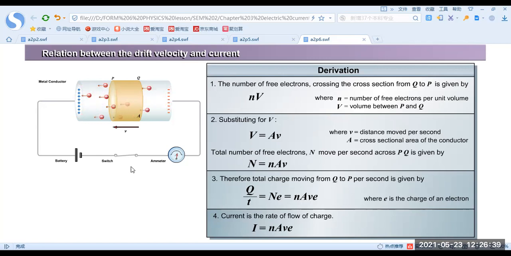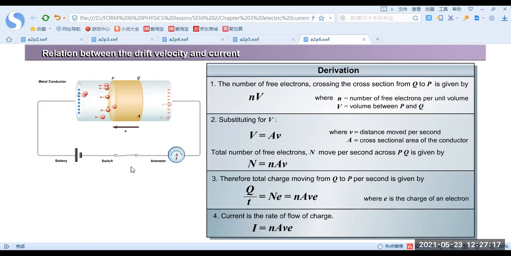Okay, now, ladies and gentlemen, once all of the electrons move in the same direction, meanwhile the electrons are actually forced. All of the electrons are forced to move in one direction by the electric field.